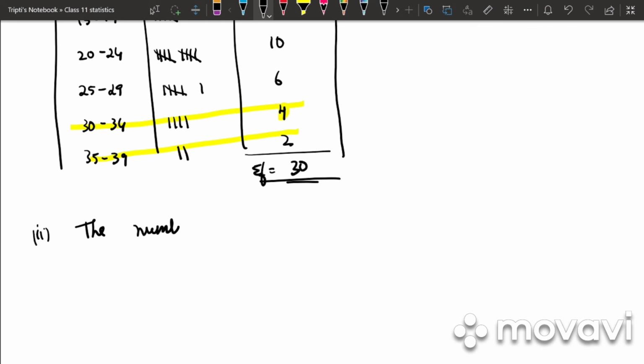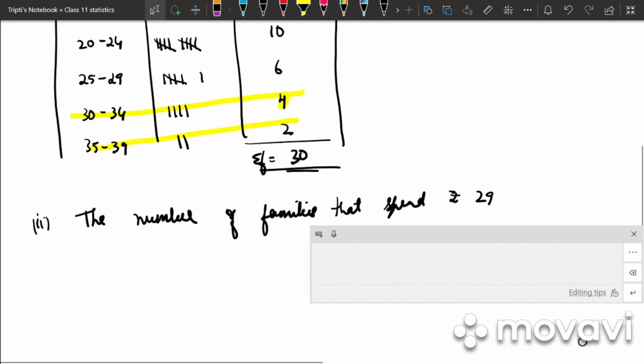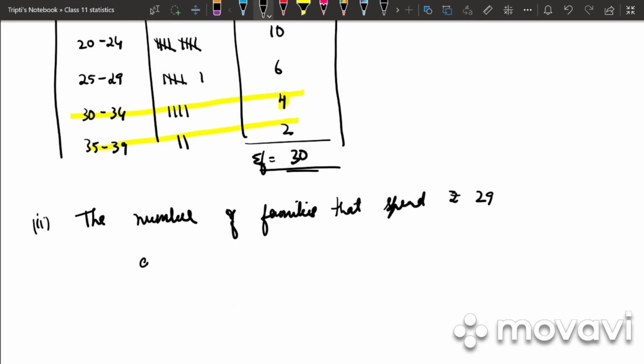The number of families that spend more than 29 rupees a day is 4 plus 2 is equal to 6.